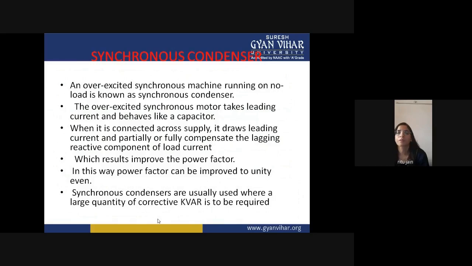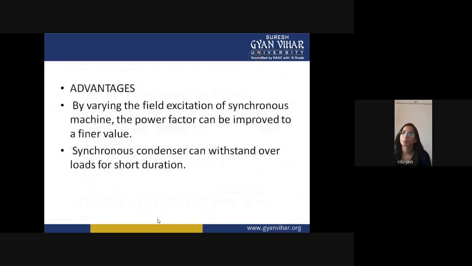In this way, power factor can be improved even to unity. Synchronous condensers are usually used where a large quantity of corrective kVAR is required. So this is the importance of the synchronous condenser, by which you can improve the power factor.